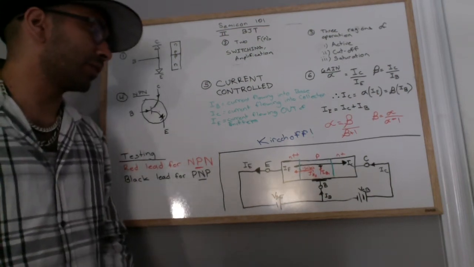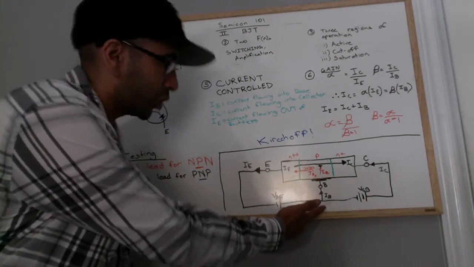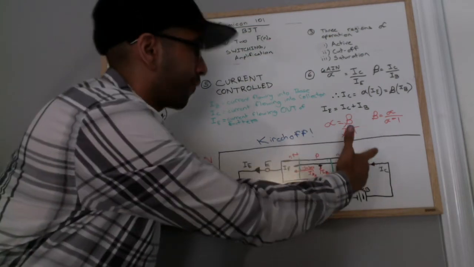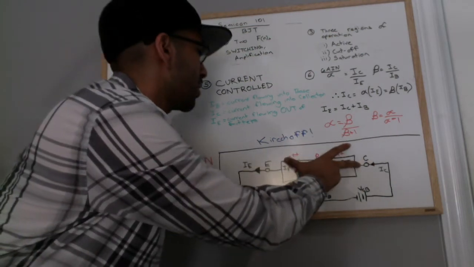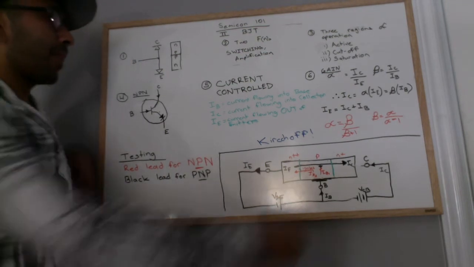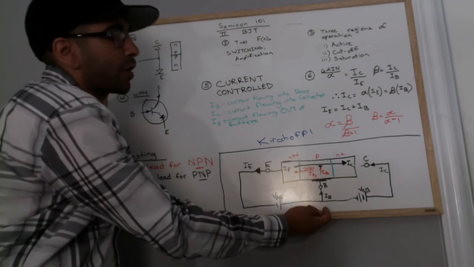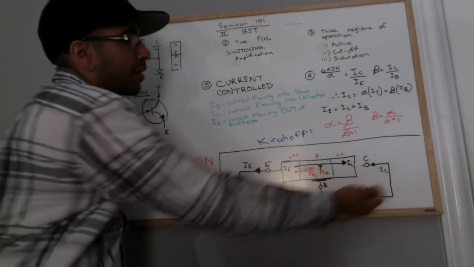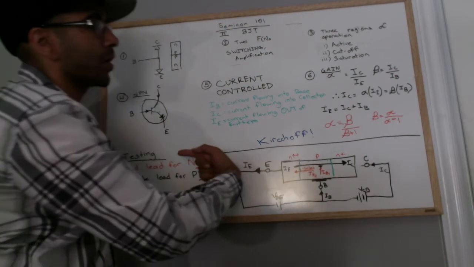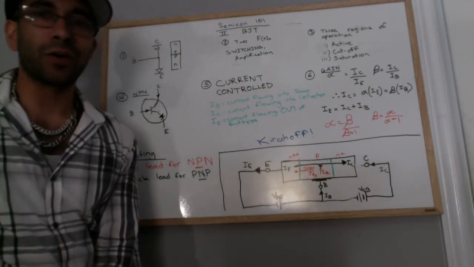What you need to be able to say is, I apply current to the base, and the current from the collector to the emitter increases. So just remember this. Current is always flowing into the base, it's flowing into the collector, and it is flowing out of the emitter. And that is where we get our usable amplified current.